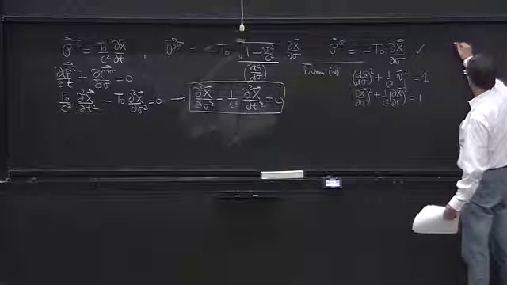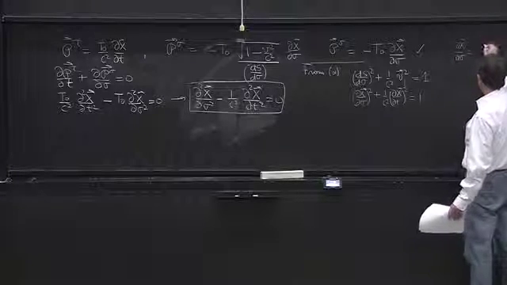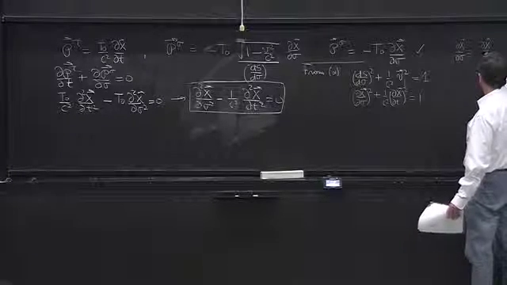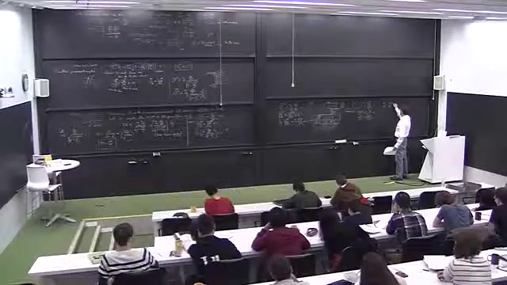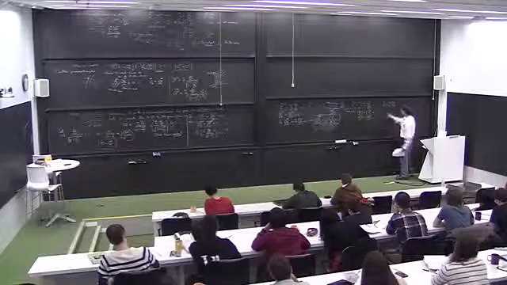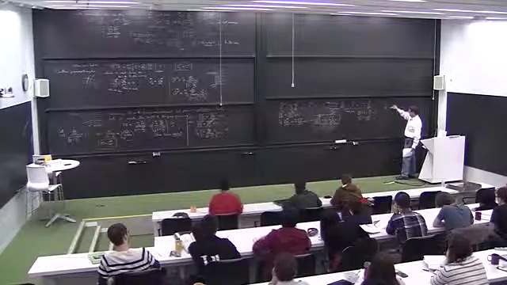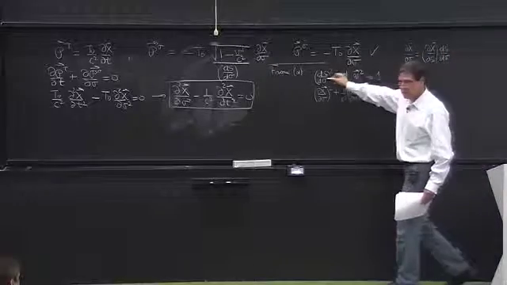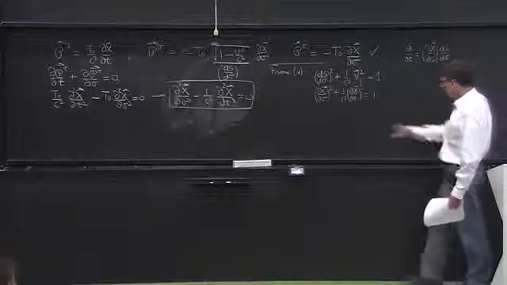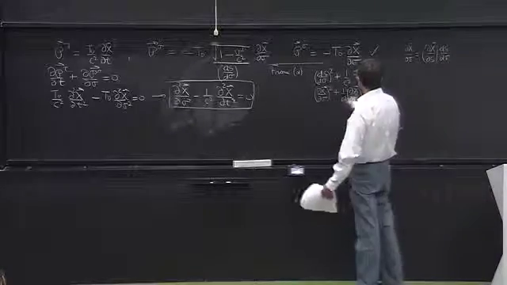If you take dx d sigma, this is dx ds times ds d sigma. And if you square this, this is a unit vector, and you get the ds d sigma squared. So this is dx d sigma. So this condition must be true.